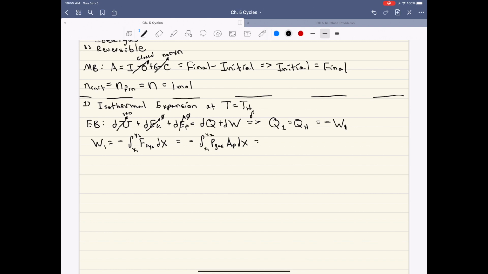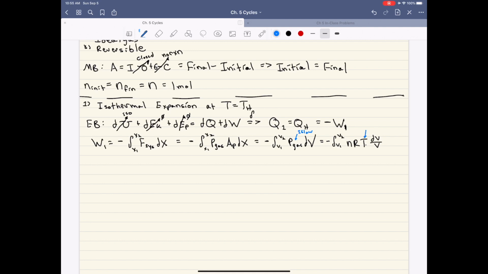That cross-sectional area is constant, so we could put it inside the differential, multiply by x, and that gives us a volume. And we know, since this is reversible, P gas can be described by the ideal gas law, and so we could replace P gas with nRT over V, dV.